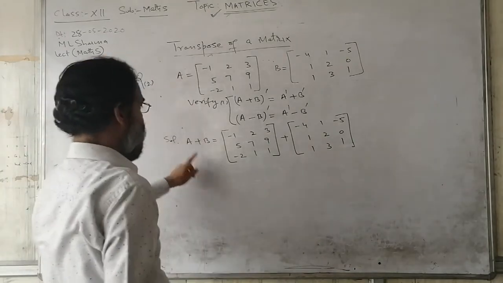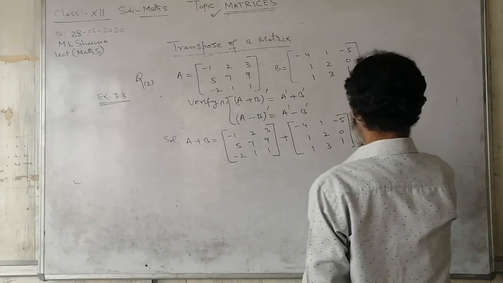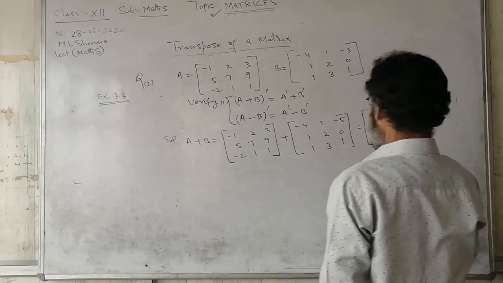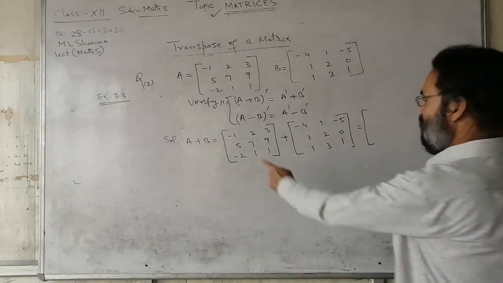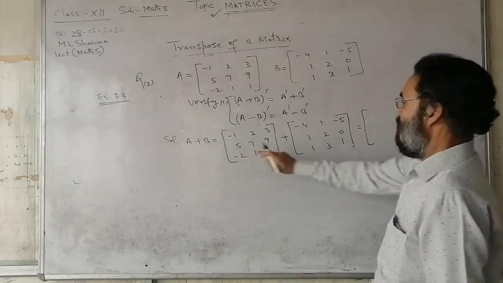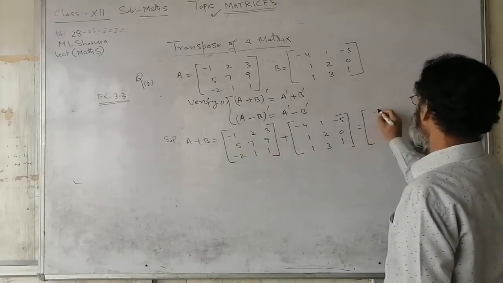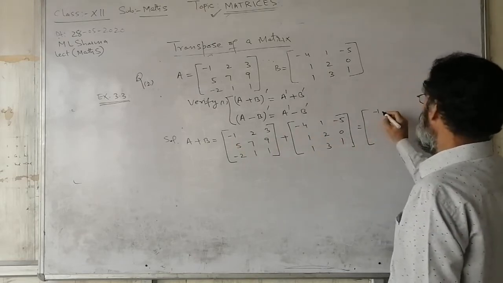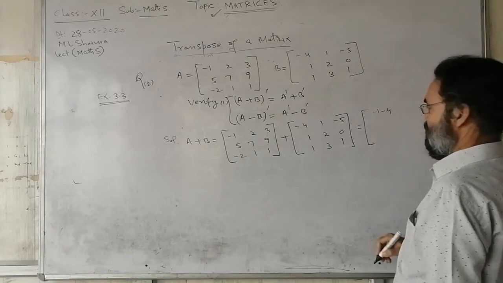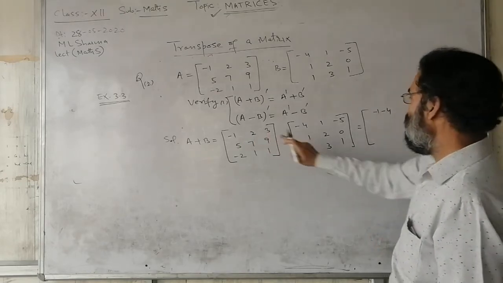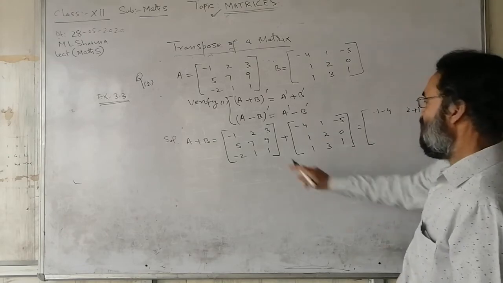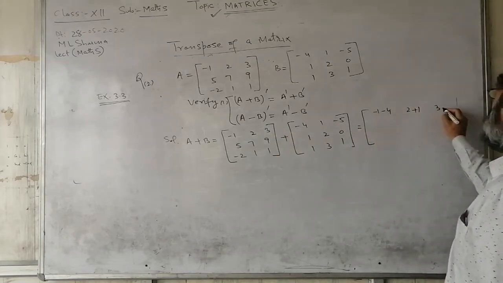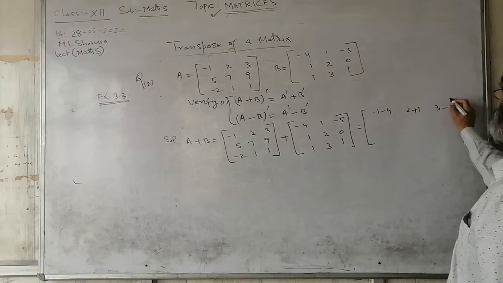If I add these two, this is the operation of addition, so corresponding elements are to be added. Minus 1 minus 4, 2 plus 1, 3 minus 5.